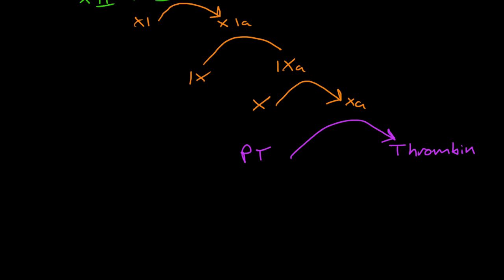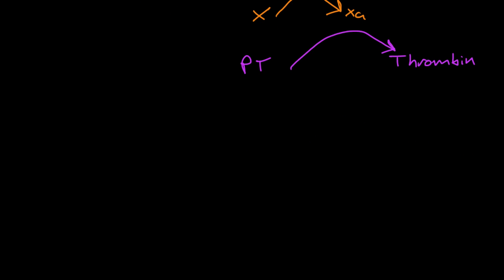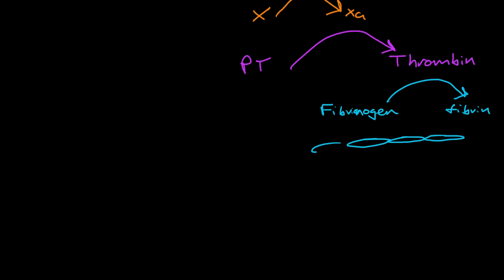and thrombin causes fibrinogen to turn into fibrin. And then fibrin creates long chains called a polymer, and then these long chains are sort of linked together in a fairly random fashion by a factor called 13A.